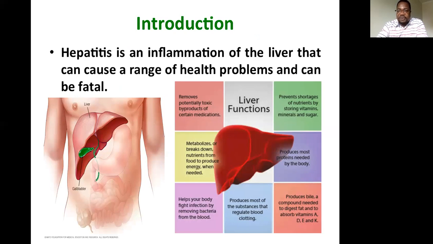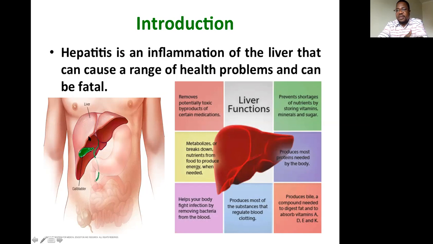There are so many problems that can happen as a result of viral hepatitis. The liver is found in the right hypochondrial region.